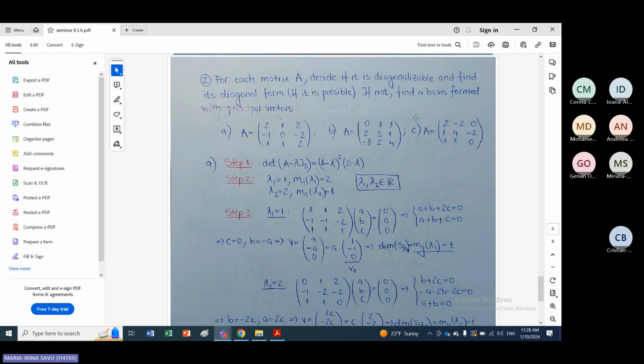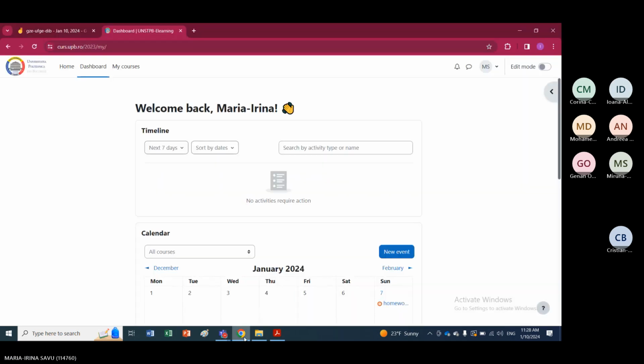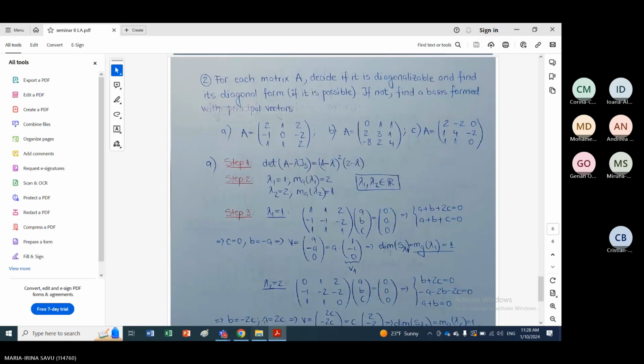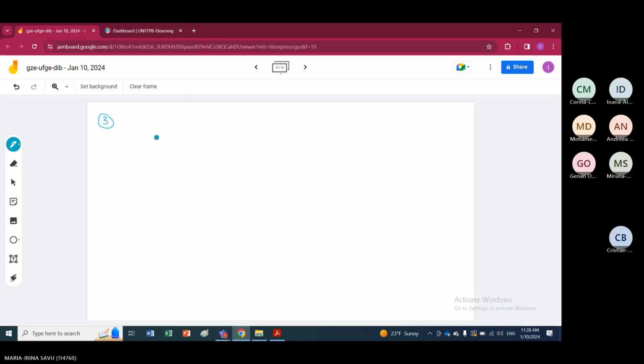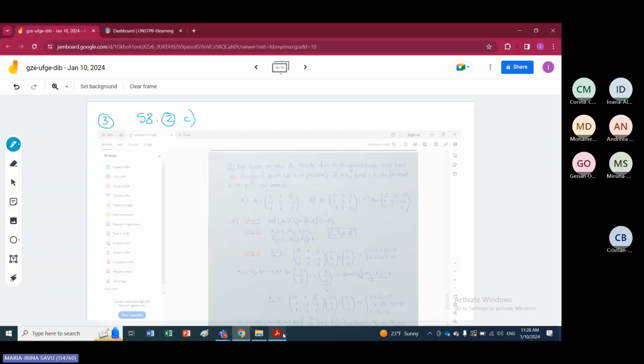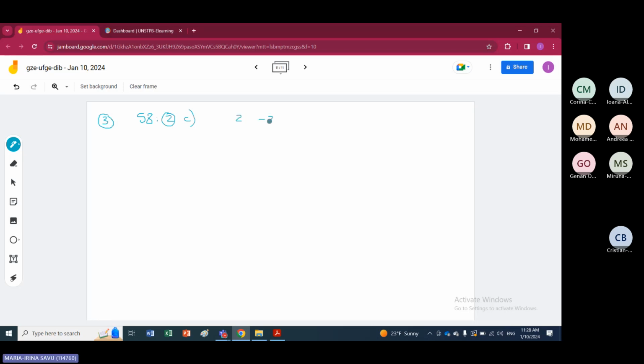So what have you solved? Let's see. Have you found the eigenvalues? Yes, I found the eigenvalues and the eigenvector V1. Okay. So you have found, just a second, let's write seminar 8, problem 2C minus 2.